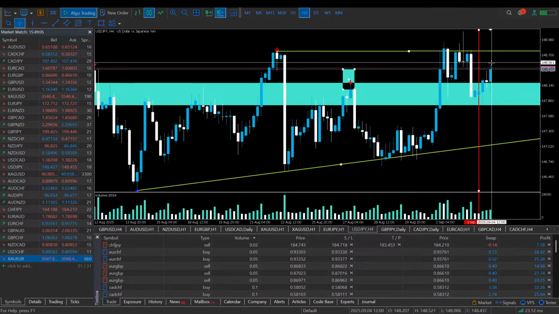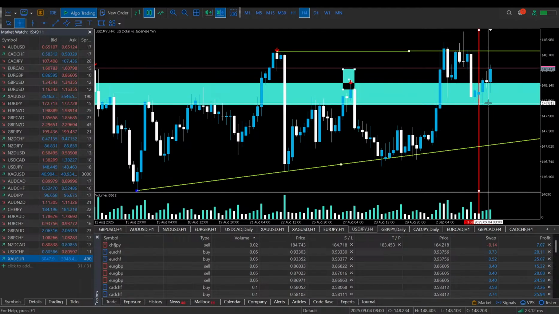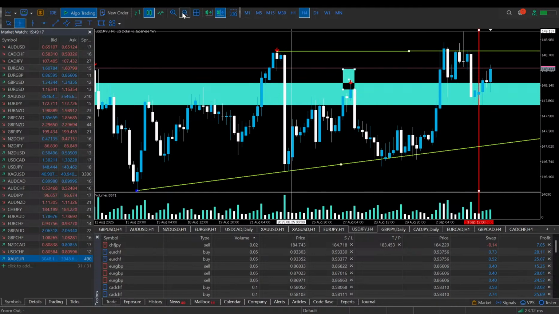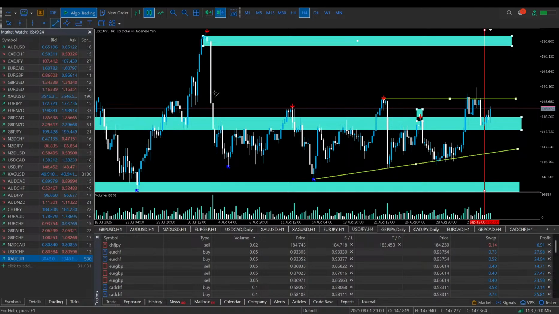If not, then we want price to close below this rectangle, hoping that price comes back to test this support. Now this is the time that we are not sure how far the price wants to go, because we are still trading in between this rectangle. The rectangle is still active as long as we haven't broken this previous low, because the price can come down as low as this.